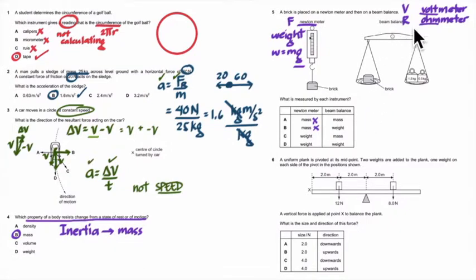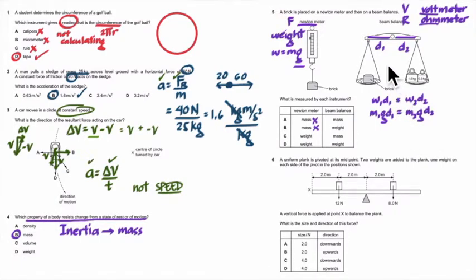The principle of moment tells us that the sum of counterclockwise moments, in this case, W1, D1, where D1 is this distance, equals the sum of clockwise moments, which is in this case the W2, D2, where D2 is this distance. Alright? We can expand the equation here to give mass 1, G, D1 equals mass 2, G, D2.